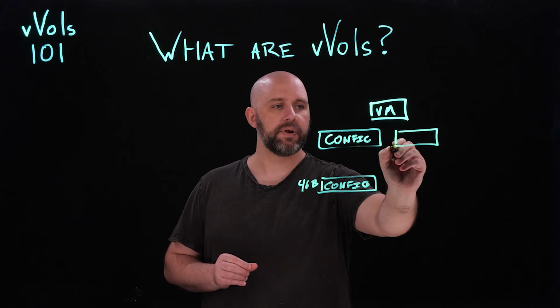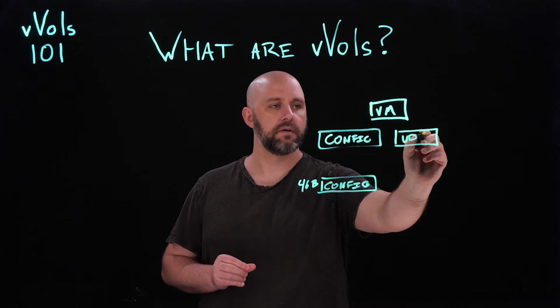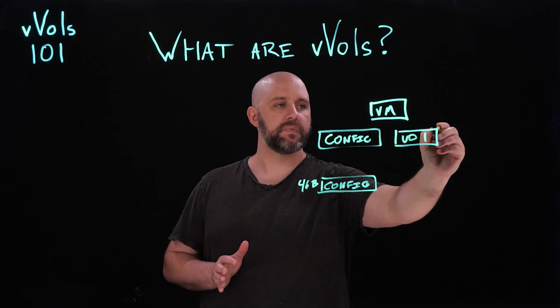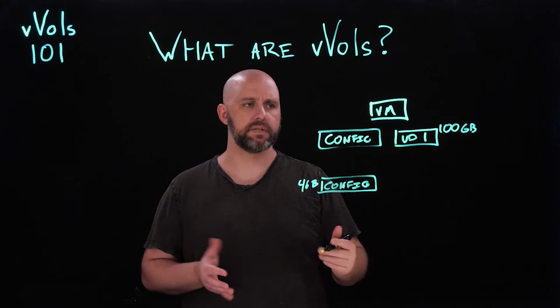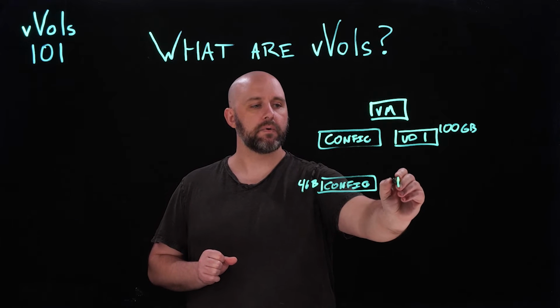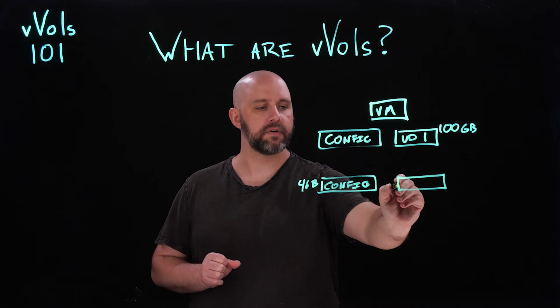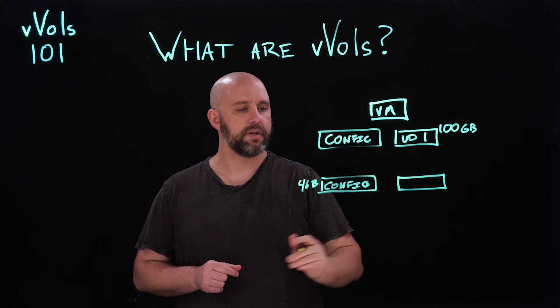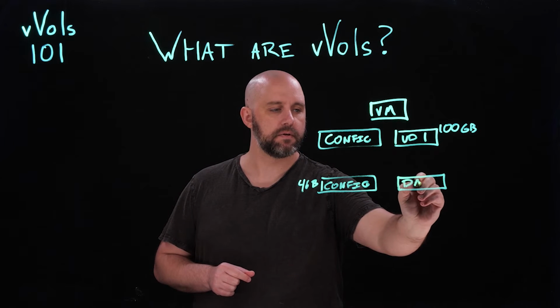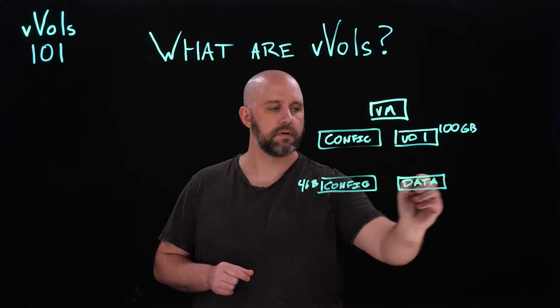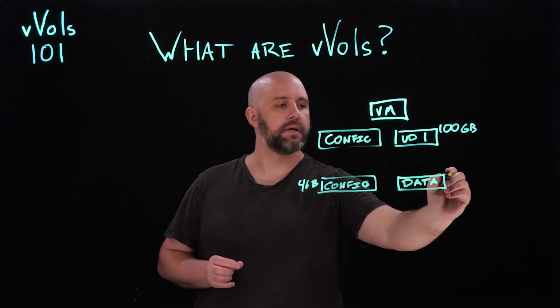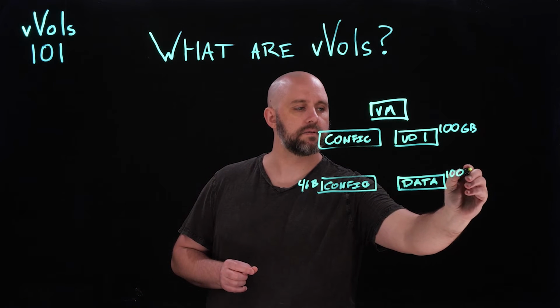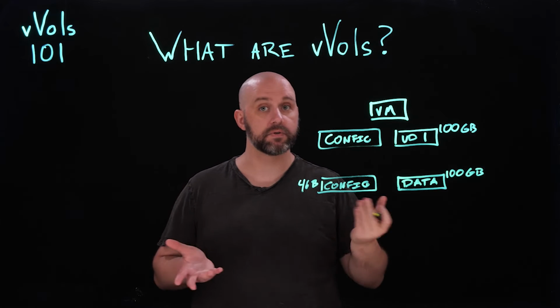Then when I start creating virtual disks for this VM, in this case, we created a 100 GB virtual disk. Well, on the array, vSphere tells the array we need a data vVol. So a new virtual volume is created with a data vVol type. And it's sized to whatever the size of the virtual disk was.